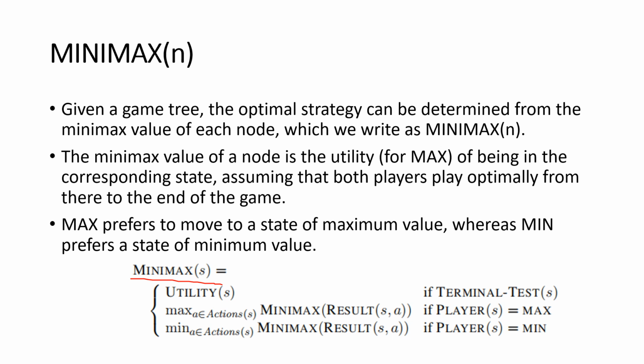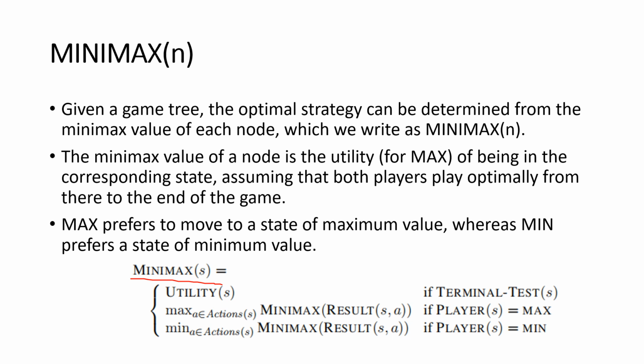And the third case, that is minimax of S is equal to min of minimax of result(S, a). So if it is min's turn, min will choose the action that leads to the lowest minimax value. So here we computed minimax values for min nodes and propagated them to the max nodes.